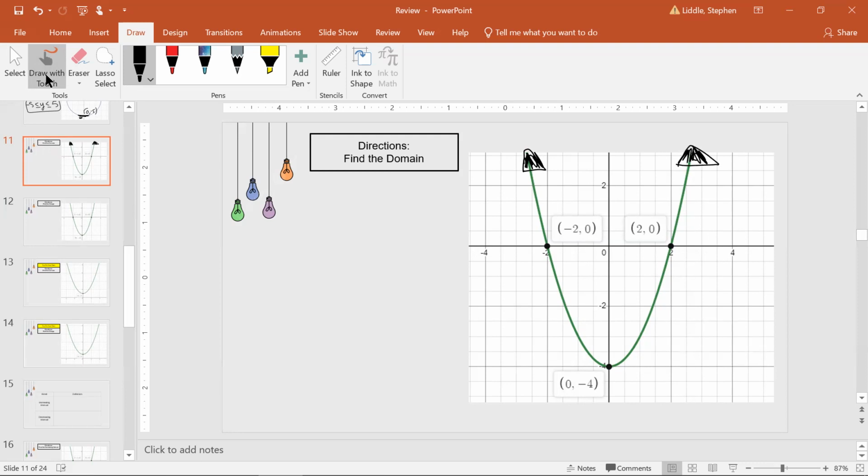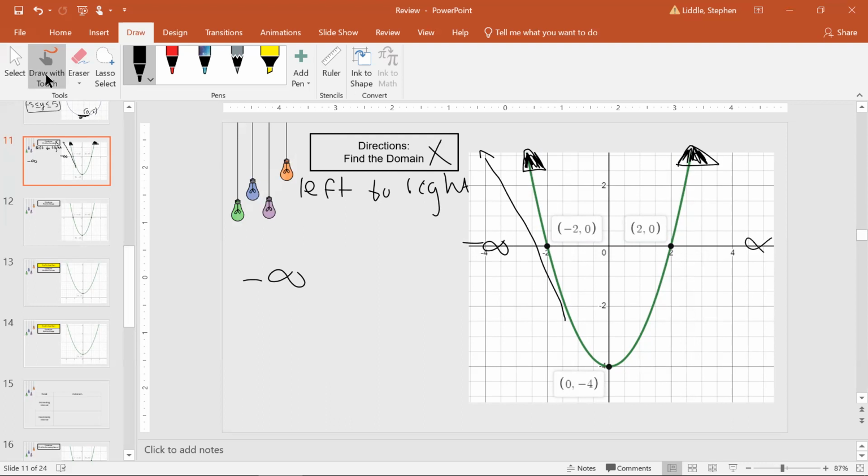So again, we want to find domain. That is going from left to right. Domain again is X. Now, as we go furthest to our left, this graph is going up forever and to the left forever. So we are going towards negative infinity.